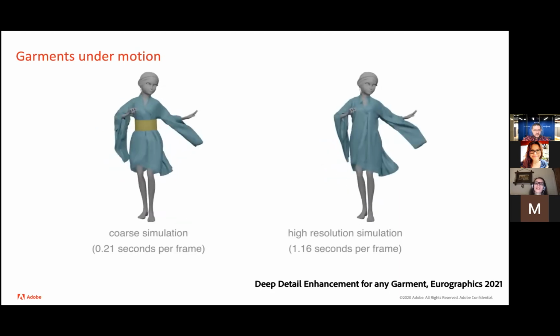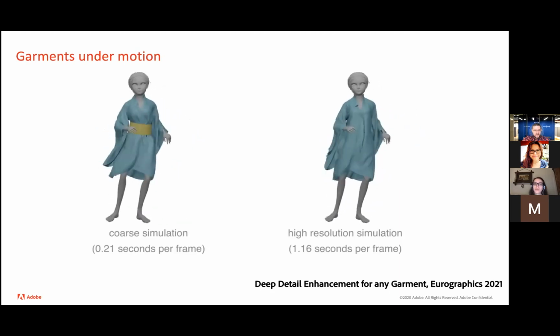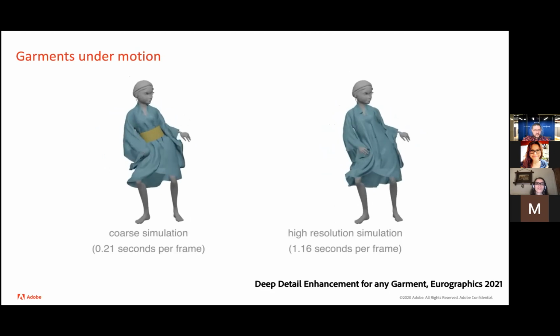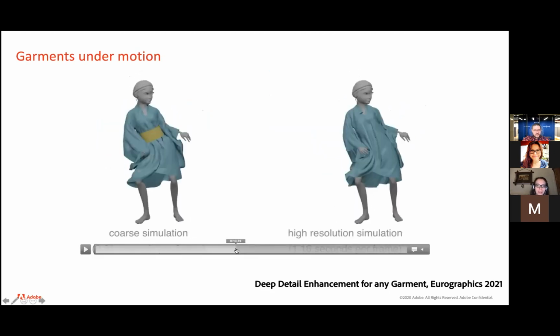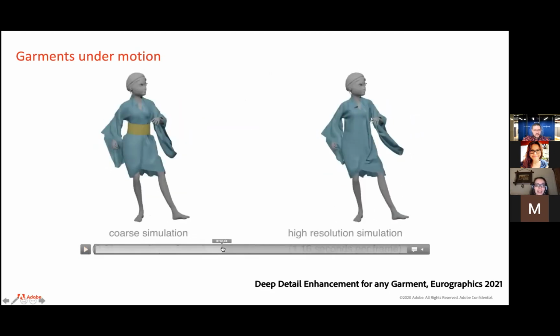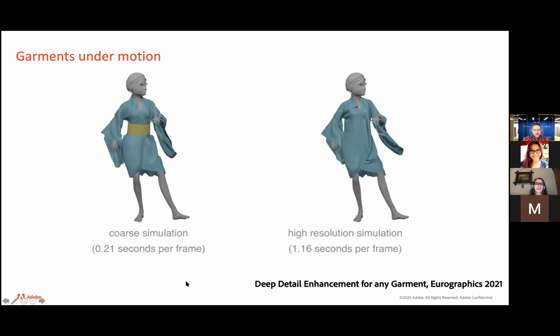So here you see an example of simulating a garment in two different configurations. So let me stop the video here. Basically we simulate the same garment, one in a coarse setting, where you simulate a much lower resolution of the mesh, and then in a high resolution setting where you use the original garment.